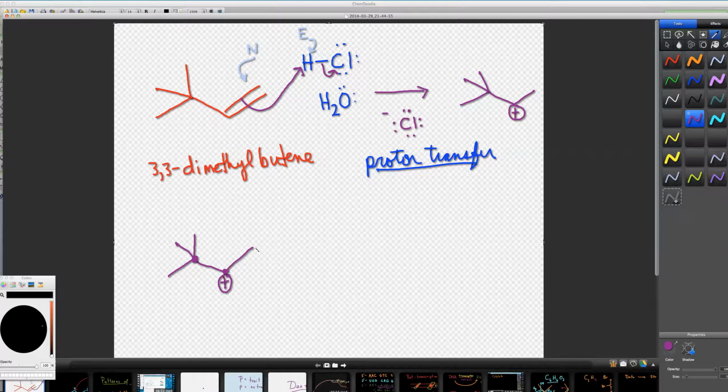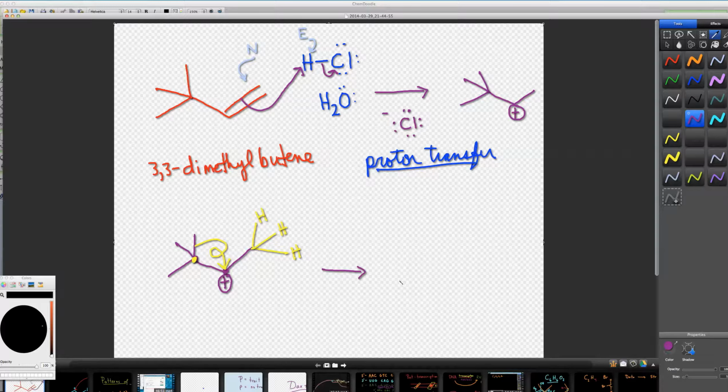Well, you have 3 hydrogens attached to this terminal methyl group, but none of those hydrogens will rearrange because you would convert a secondary carbocation to a primary. We can also have a 1,2 alkyl group shift. And so one of these methyl groups with its electrons will move, in this case, from carbon number 3 to carbon number 2.